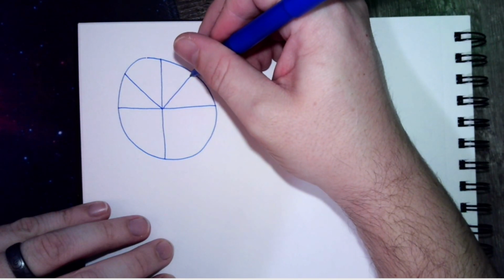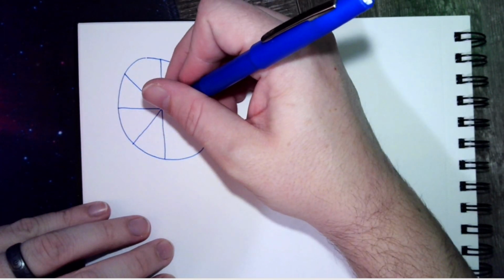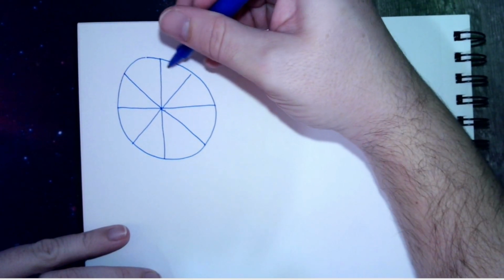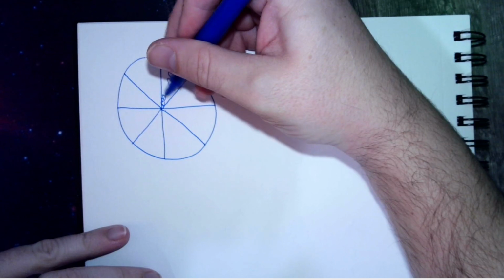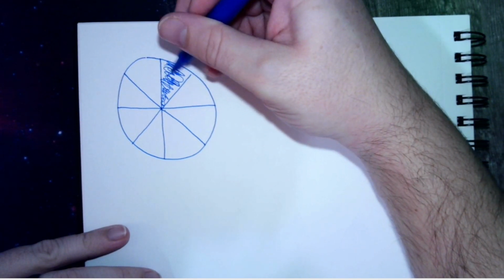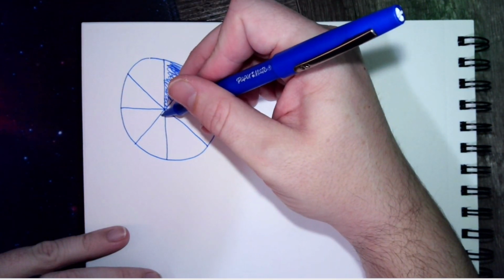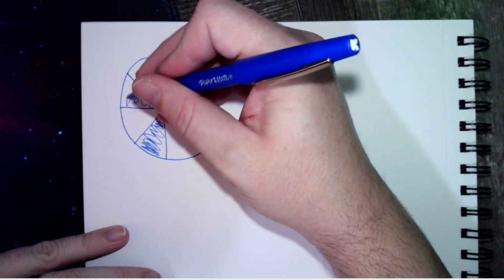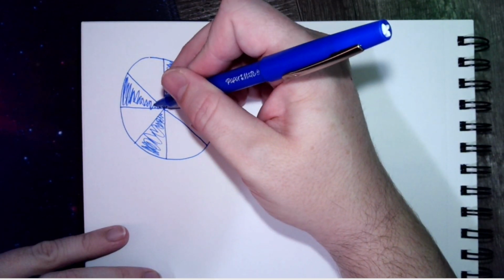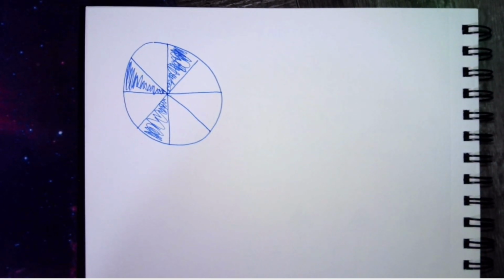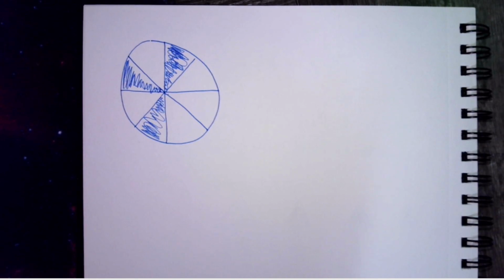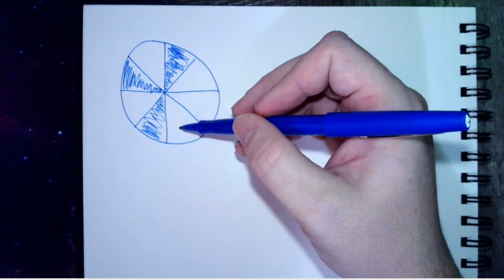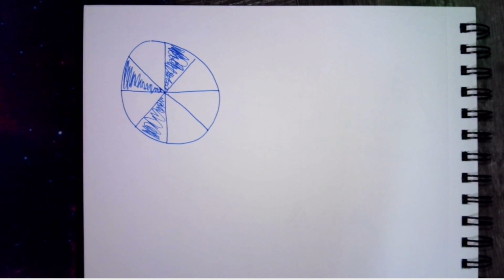So we're going to cut this whole into 8 equal sized pieces. And let's say we got this one shaded, this one, and this one. Okay. So we can say that we got 1, 2, 3, 4, 5, 6, 7, 8 total pieces.